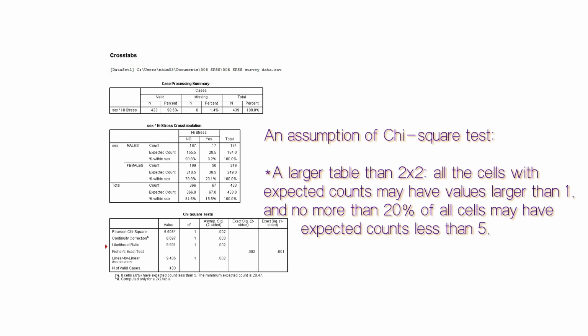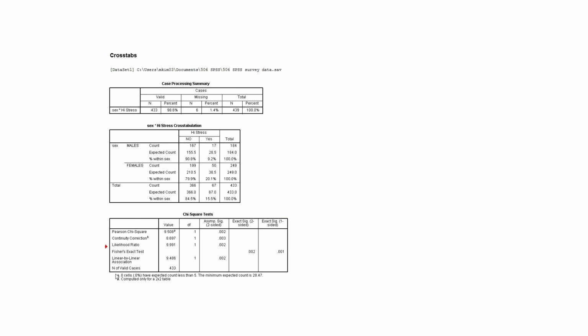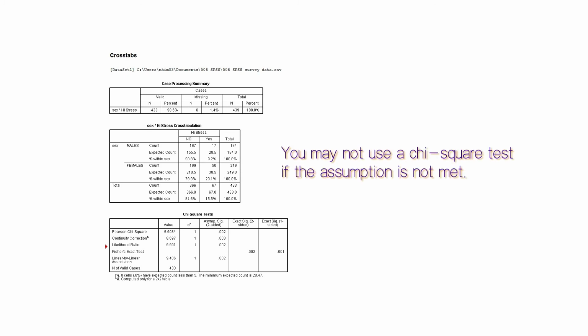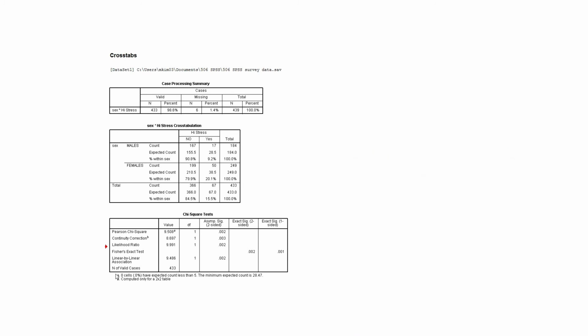And for a larger table than 2x2, all the cells with expected counts may have values larger than 1, and no more than 20% of all cells may have expected counts less than 5. If this assumption is not met, the chi-square test becomes inaccurate. In our case, we tested 2x2 table, and all the cells with expected counts have values much larger than 5. So these numbers are big enough to use chi-square.